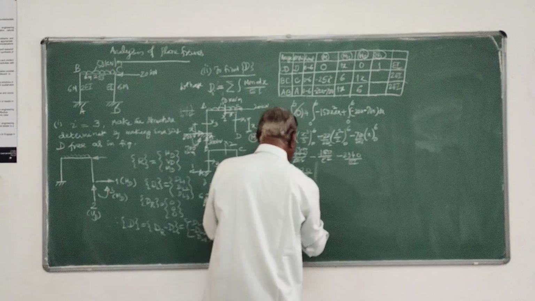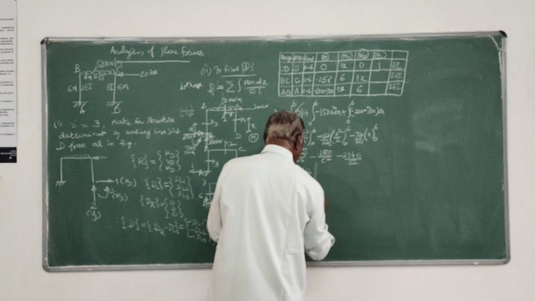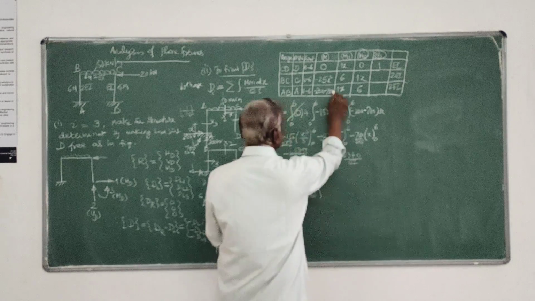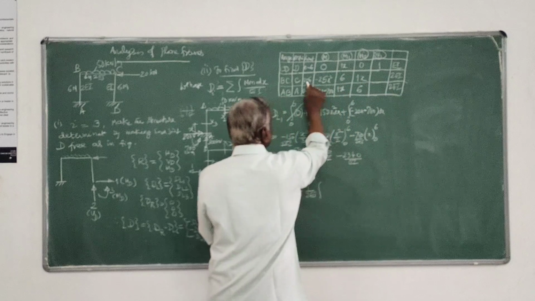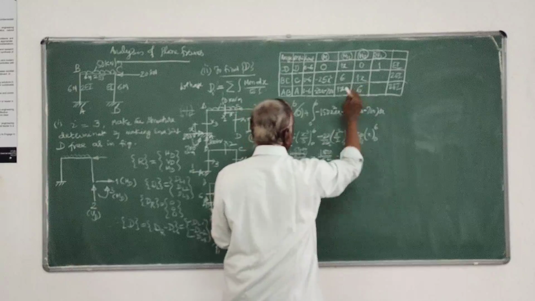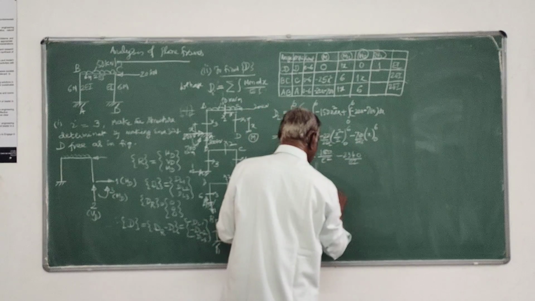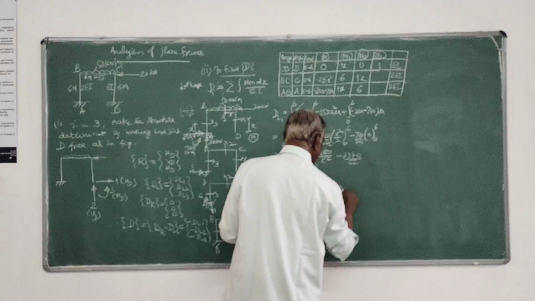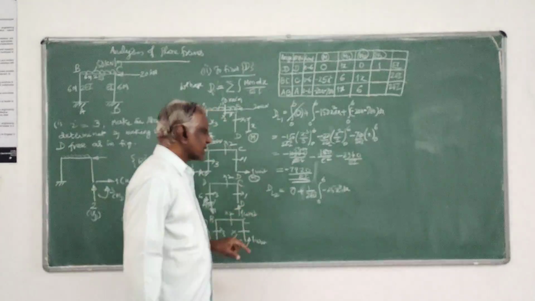Integral, of course, plus 1 over 2EI integral, because this is 2EI, integral 0 to 6. It is minus 25x squared into x, that is minus 25 x cubed dx.